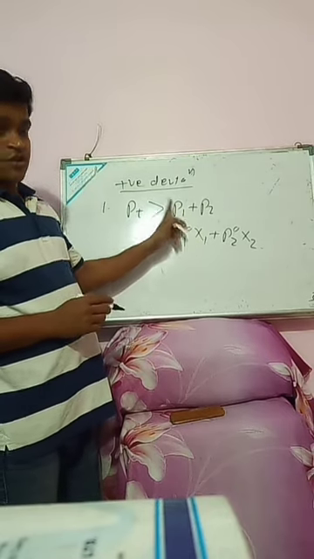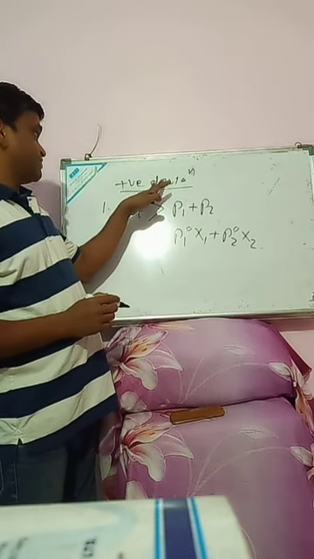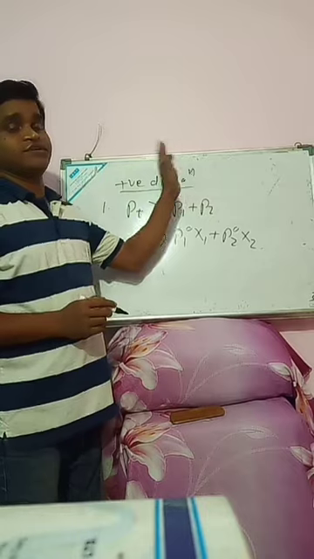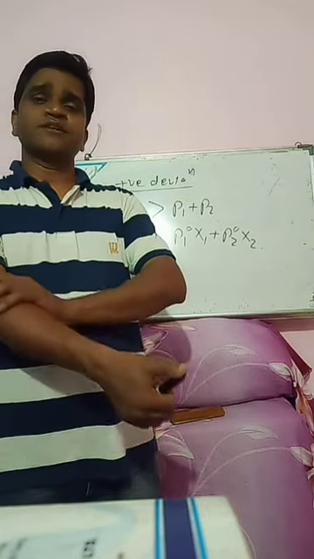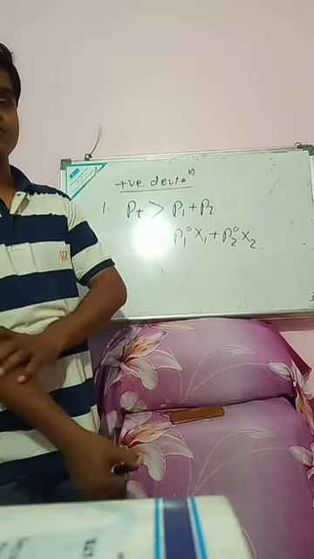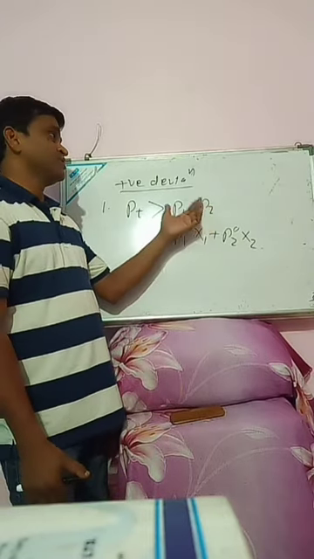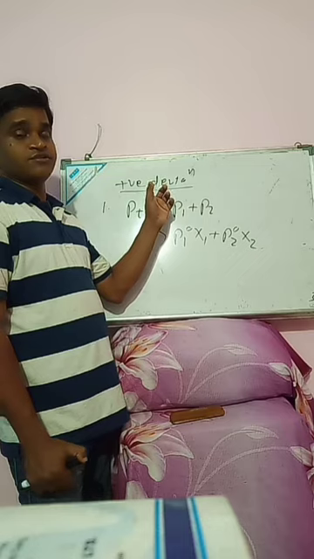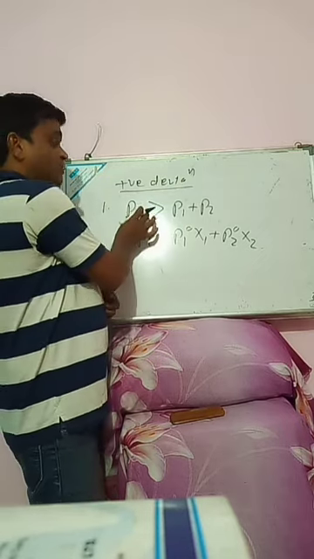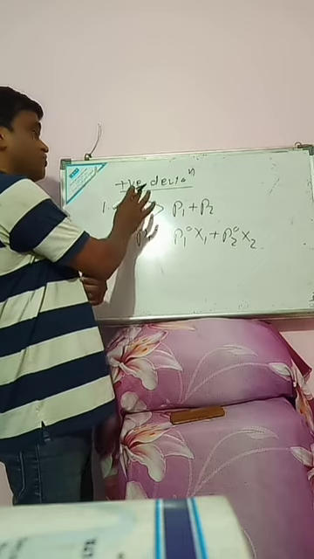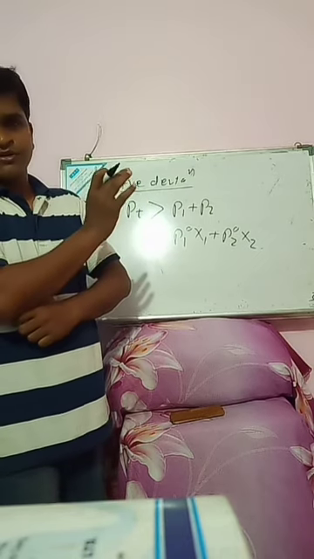This is the definition. Which solutions behave as positive deviation in non-ideal solution? The solution where the total vapor pressure is greater than the sum of the individual partial pressures of the components is said to be the non-ideal solution showing positive deviation. As the total vapor pressure is more, in which condition does the total vapor pressure increase?